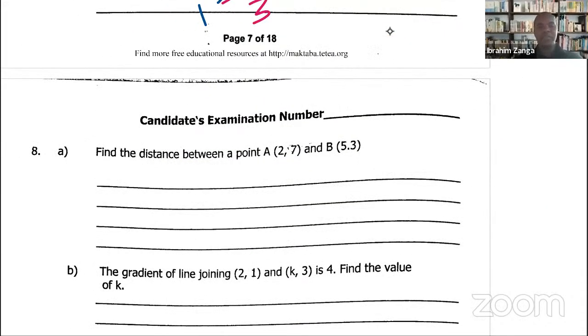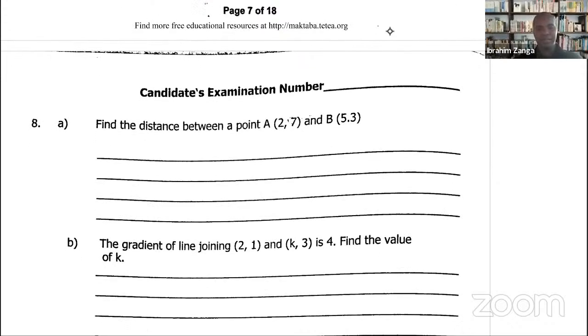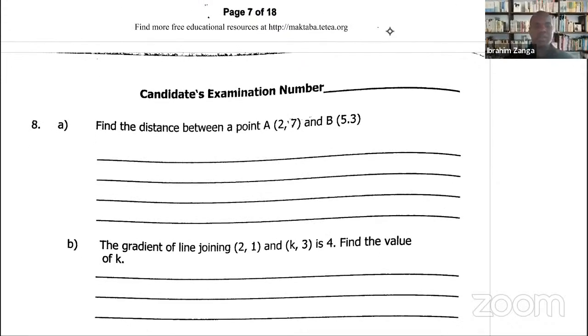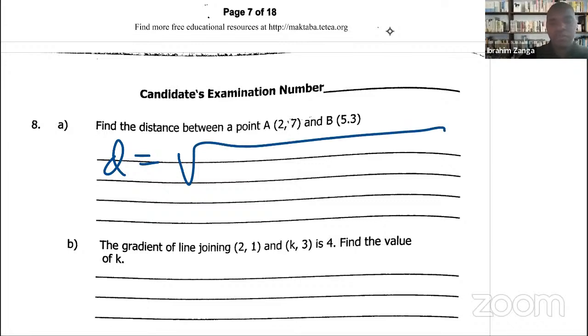Find the distance between point A and B. So distance, we know that distance is square root of x2 minus x1 square plus y2 minus y1 square.